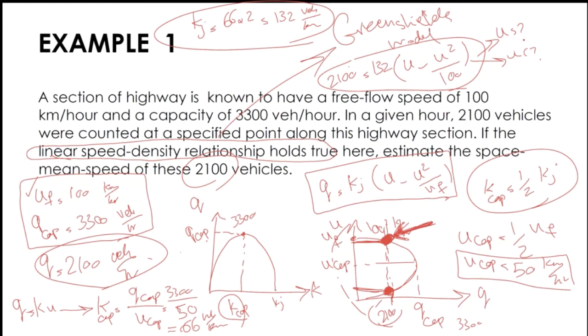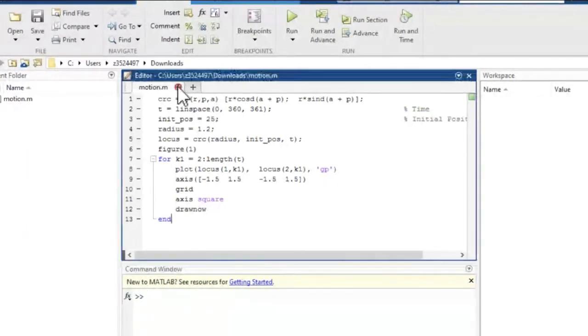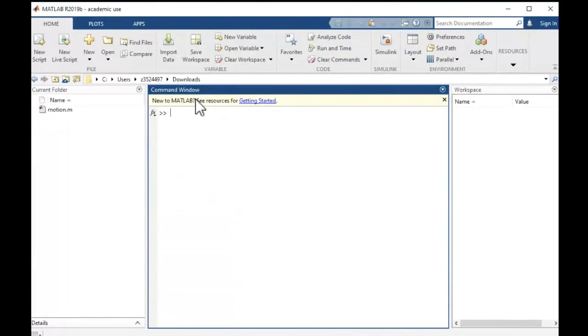So let's try to find the answer to this equation. We want to find the root of this parabolic polynomial equation. So if I go to MATLAB, okay. Here, to find the root, I need to define a function.